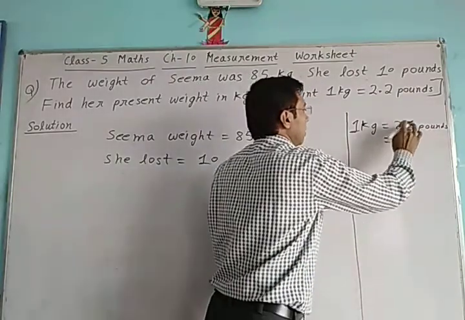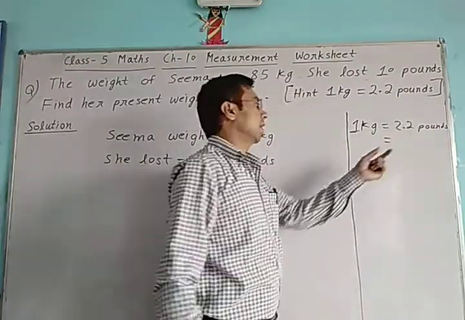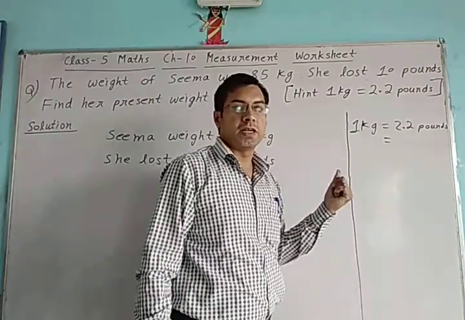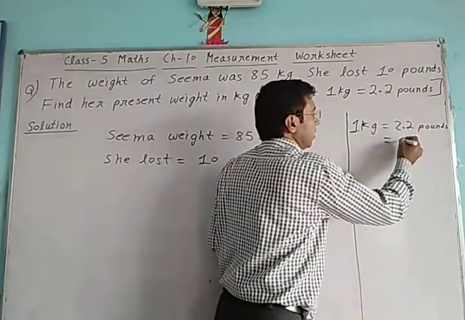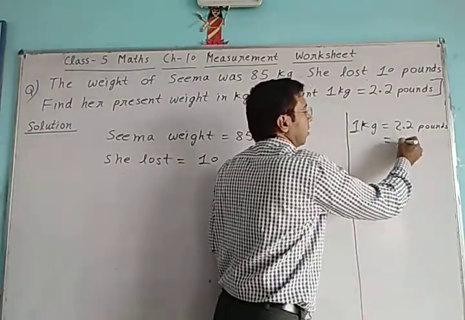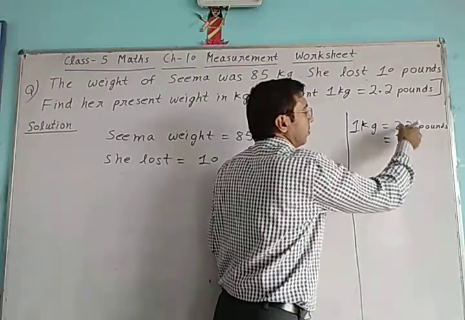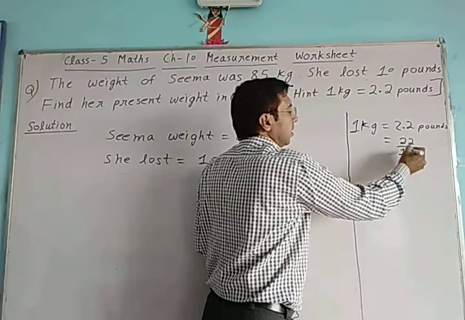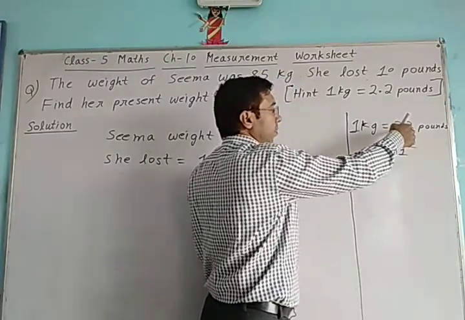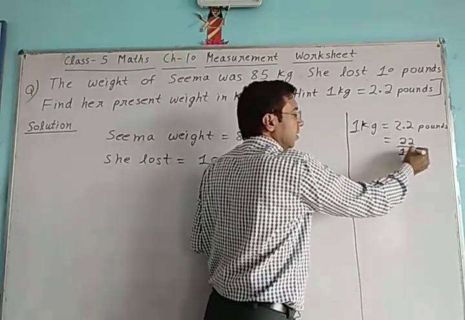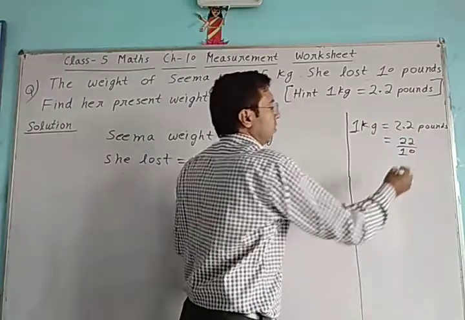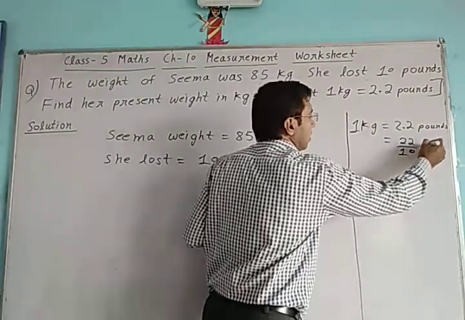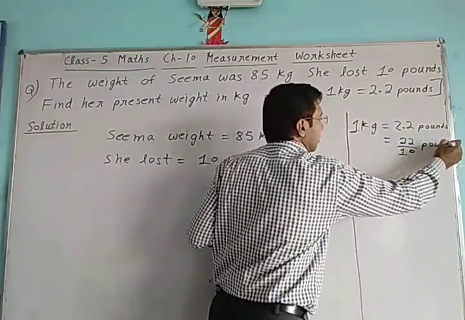This is in decimal. We can write this decimal as a fraction also. Clear? See here. Write 22, the number without decimal, in the numerator and then write 1 in the denominator. How many decimal places? 1 decimal place. So add one 0. So 22 upon 10 pounds.